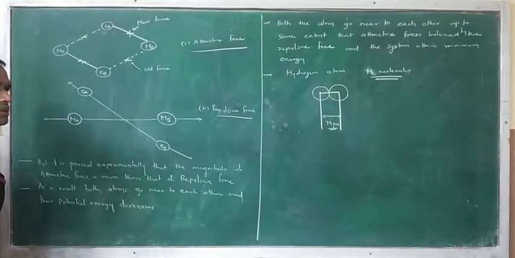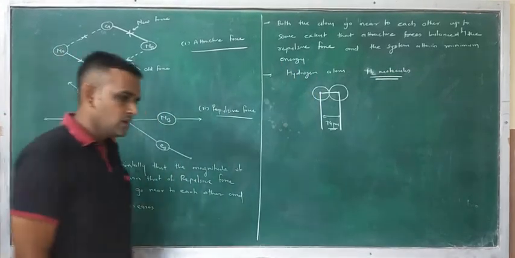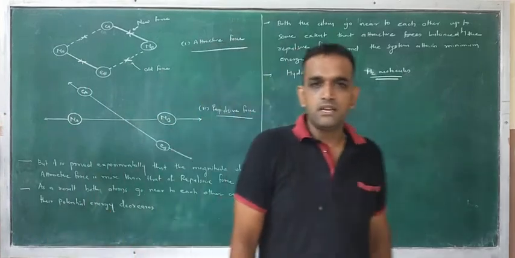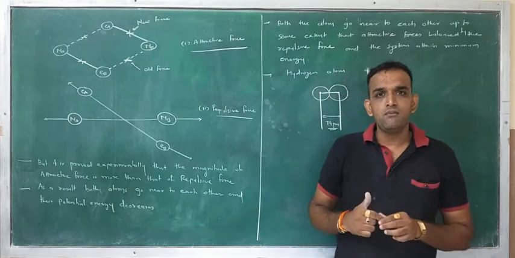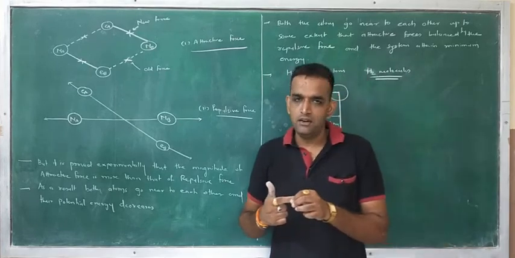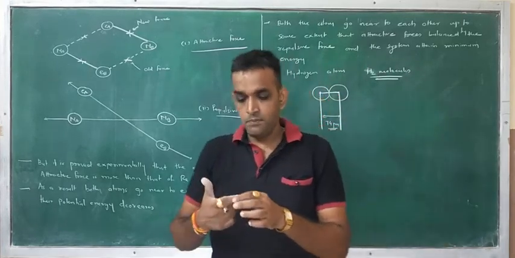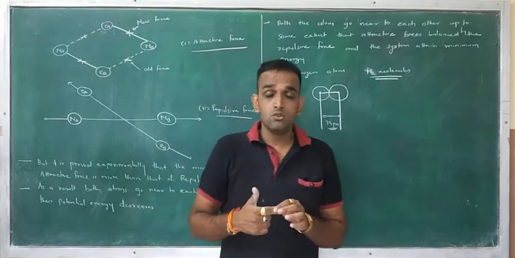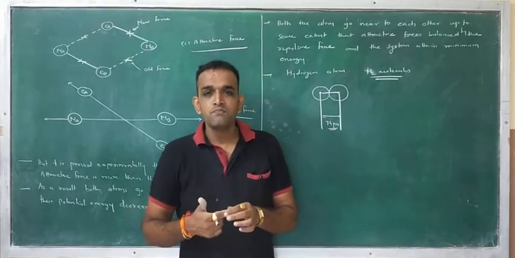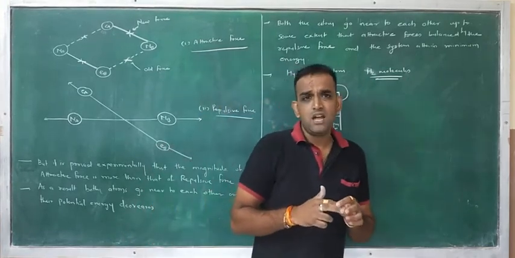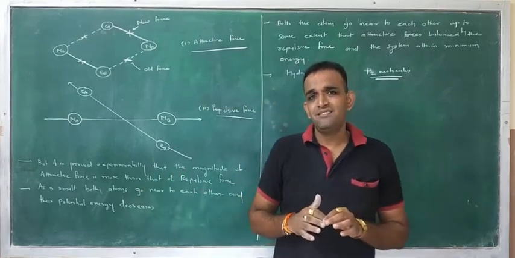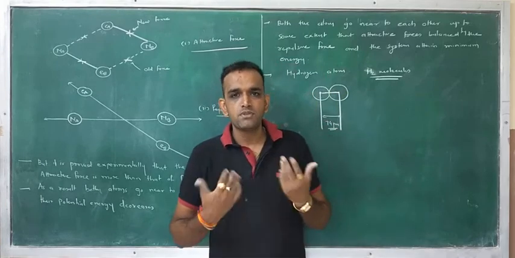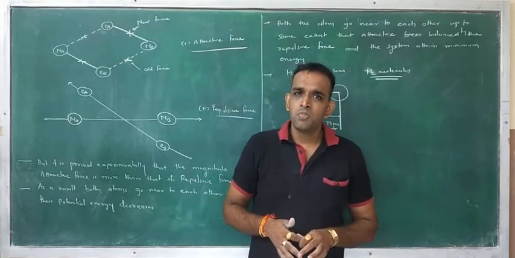So this is all about the valence bond theory. Once again, I will explain the valence bond theory what we have discussed. First point, who presented the valence bond theory? So Heitler and London presented the valence bond theory, and who developed it? So Linus Pauling and Slater, right? Second point, when the half-filled atomic orbitals come close to each other, then they will overlap and form a covalent bond, right?